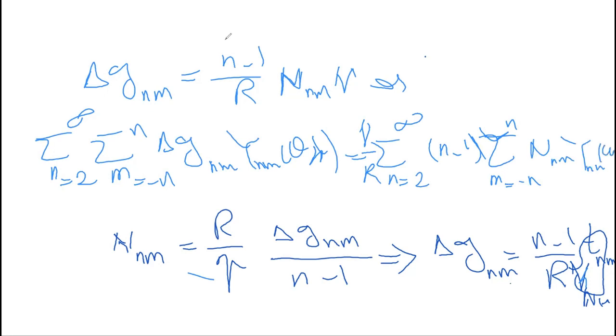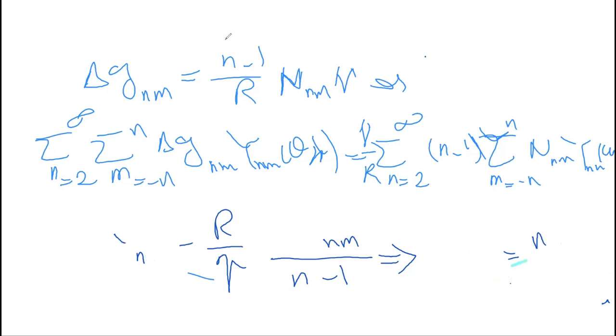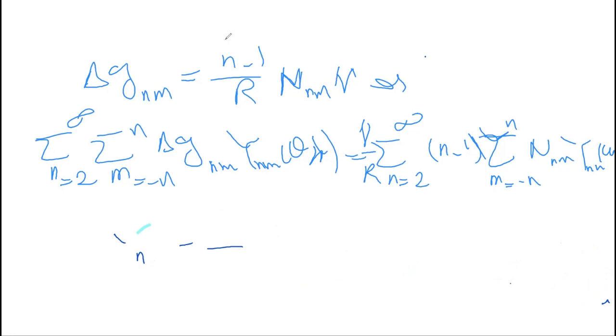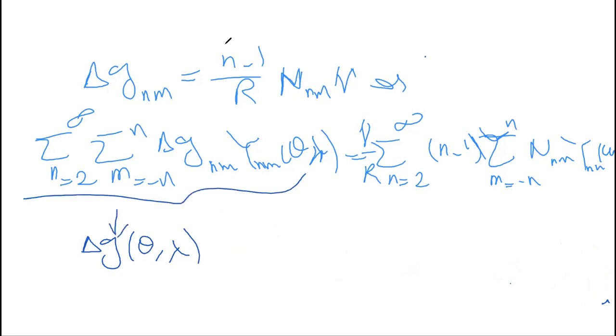On the left-hand side of this equation we will get the gravity disturbance, at the point, delta g. This is the synthesis of this. And here we have the spherical harmonics of N_nm.